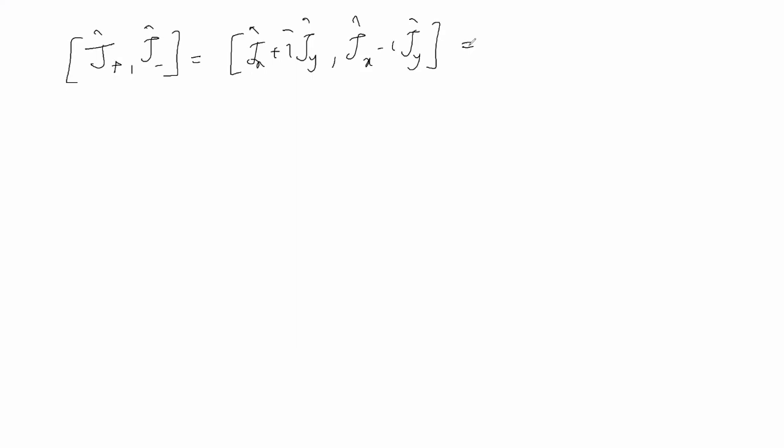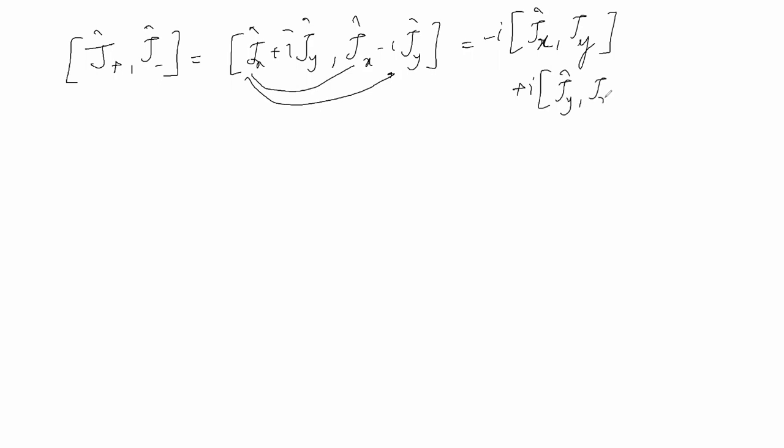Anybody? See, the Jx Jx commutator will be 0. Jx with minus iJy is going to contribute, and then iJy with Jx is going to contribute. This is how much? Anybody?